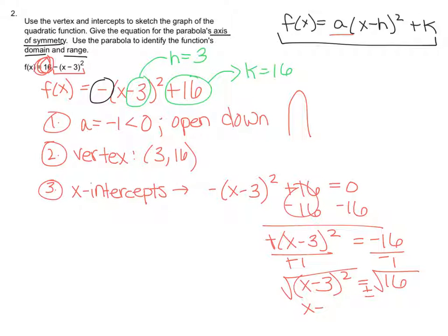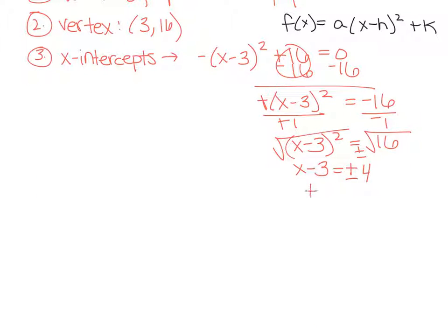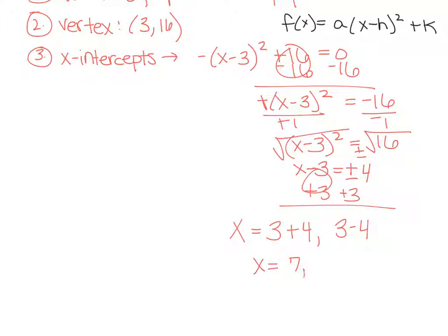So I have x - 3 equals plus or minus the square root of 16, which is 4. Now we want to add 3 to both sides, and we get x equals 3 + 4 and x equals 3 - 4, so x equals 7 and -1. Our x-intercepts are then (7, 0) and (-1, 0).